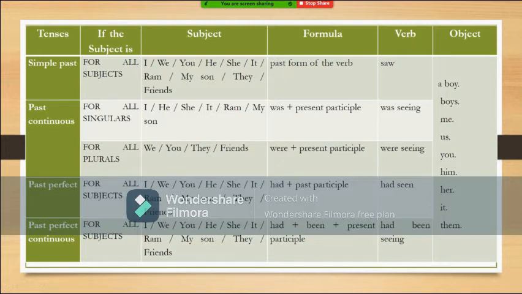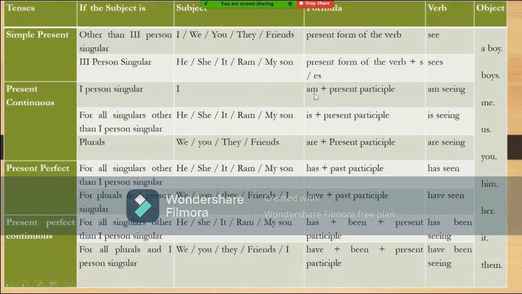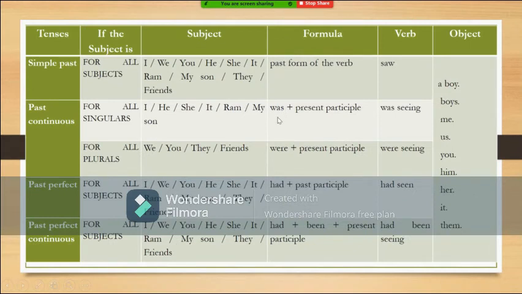What is that? Am. For I, we had am. But here, no such importance is given to I. We classify whether it is a singular or plural. That's all. For all singulars, we have to use was. If the subject is singular, we have only one word. What is that? Was. If the subject is plural, for all plurals, you have to use were. So we have only two auxiliary verbs.